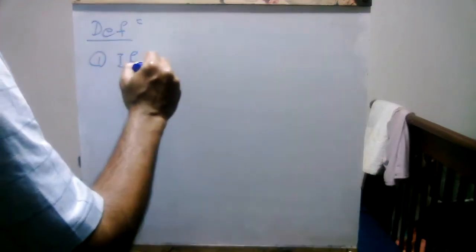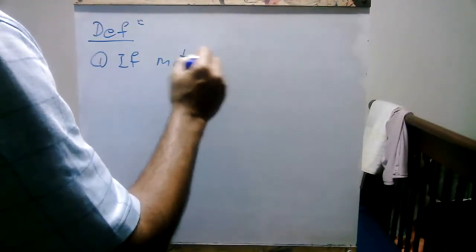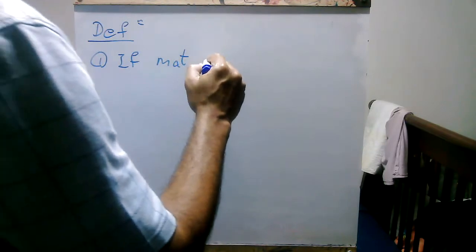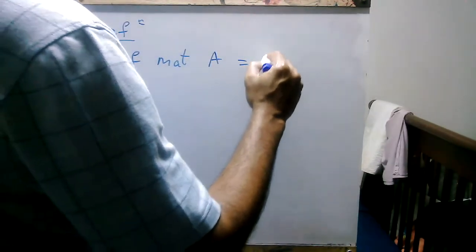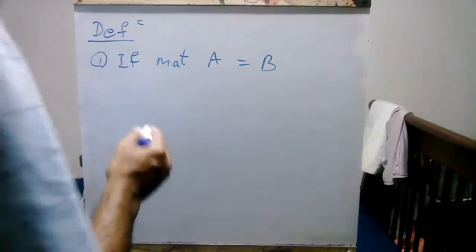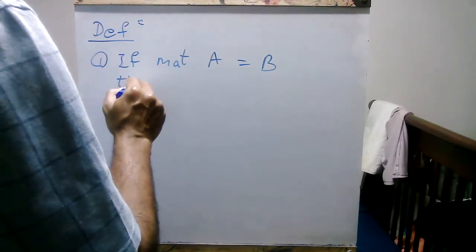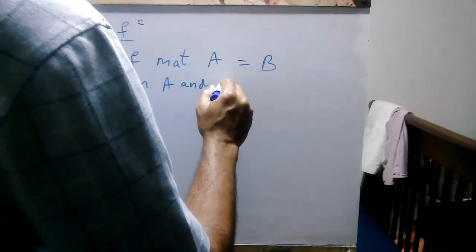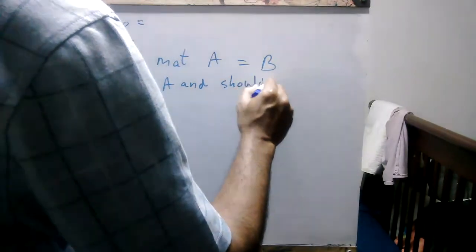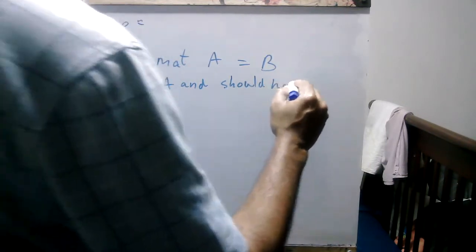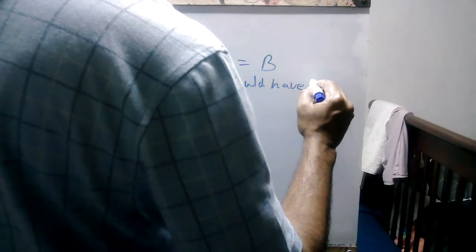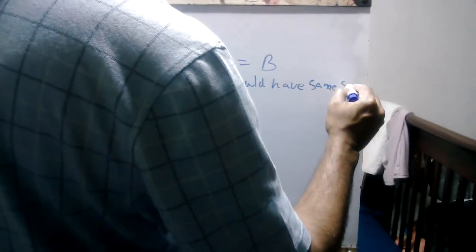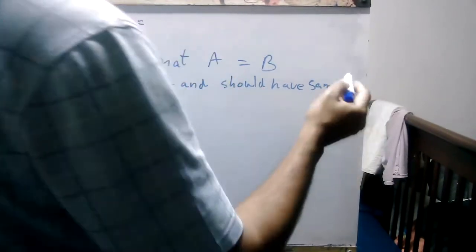If matrix A equals matrix B, then A and B should have the same size, the same dimensions.